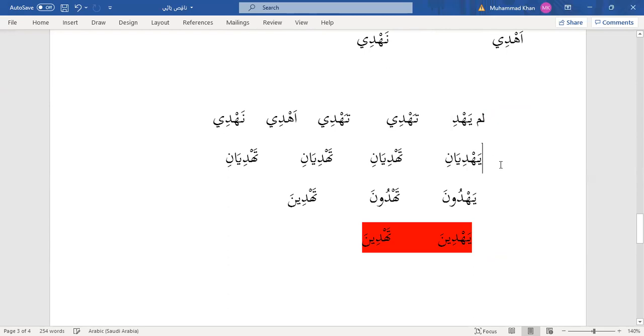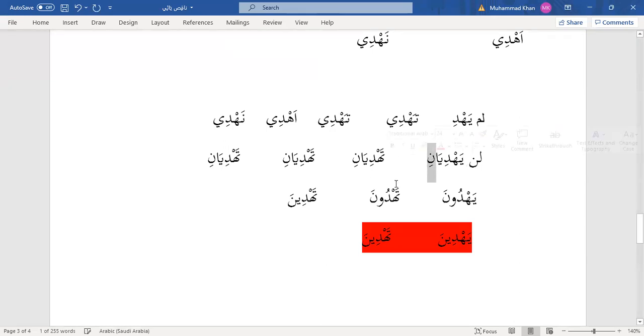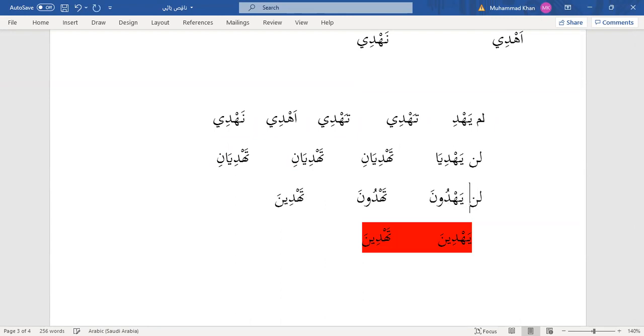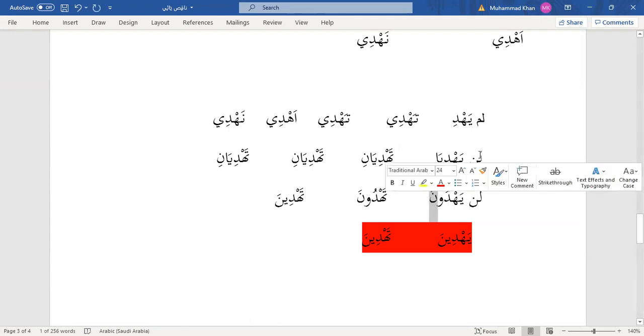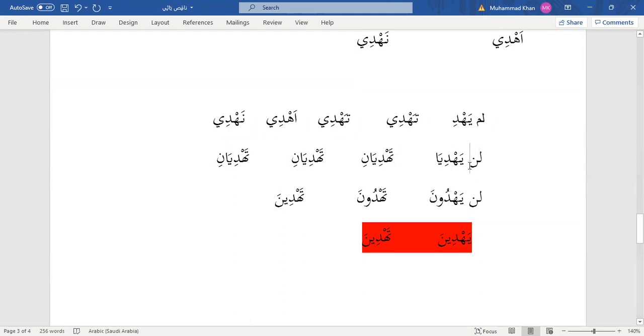And when we put it with the dual, you know what happens. The noon gets dropped here. It's very easy as well, as you can see. It will be dropped for all. And when we use it with the plural, also the noon gets dropped. Sorry, you have to return the alif. I need to put lam. We need to be careful.